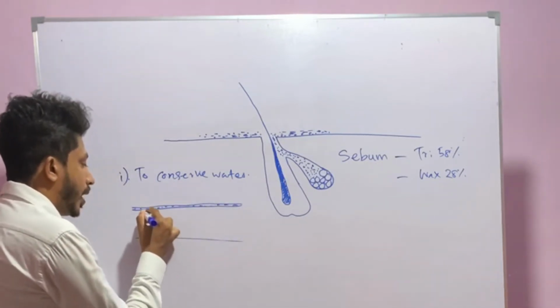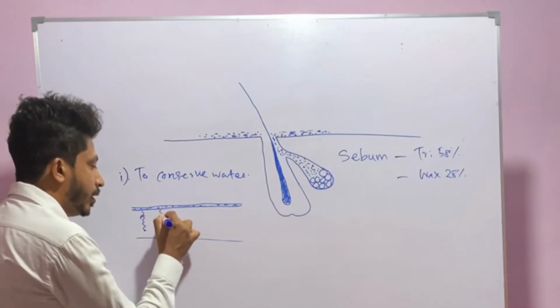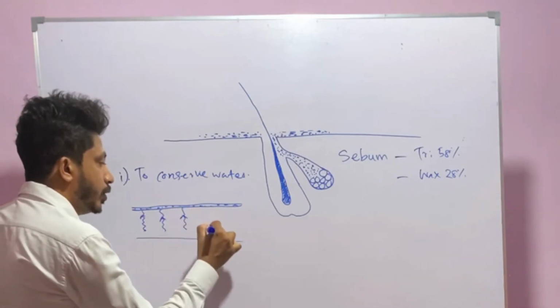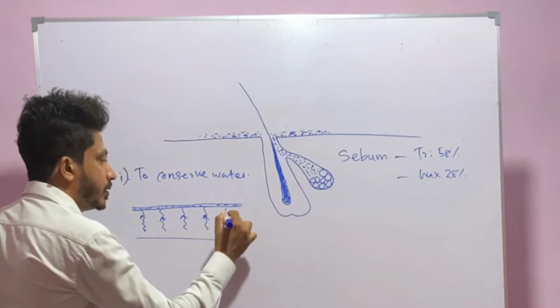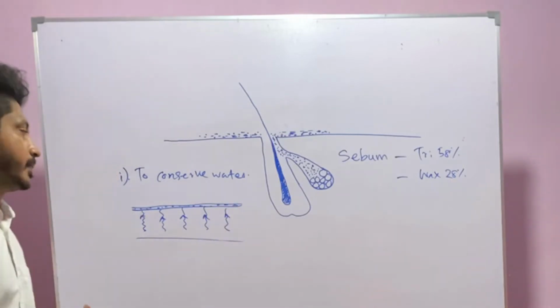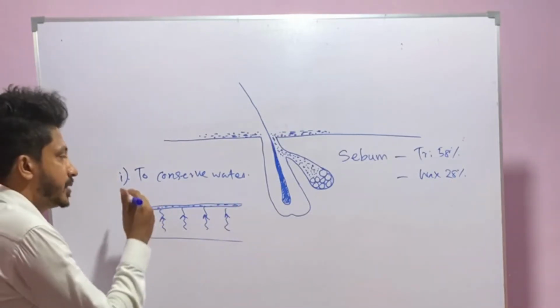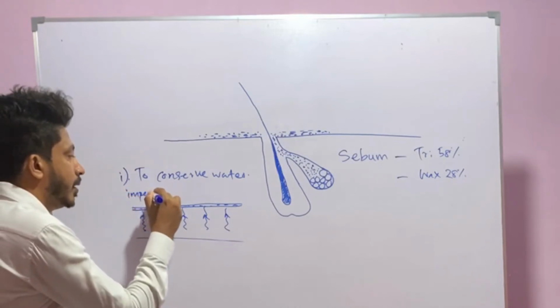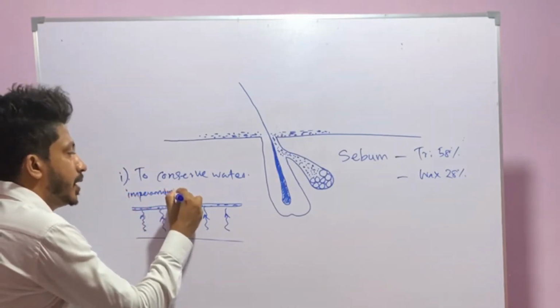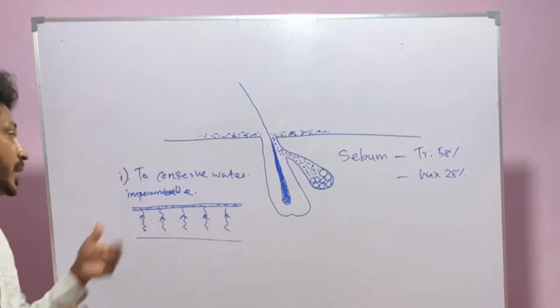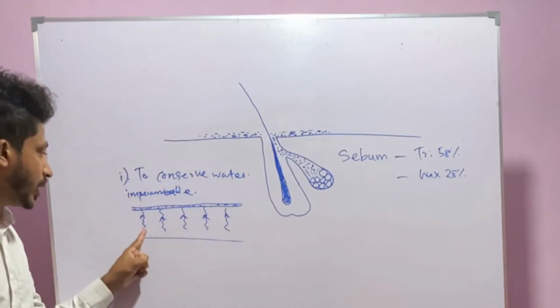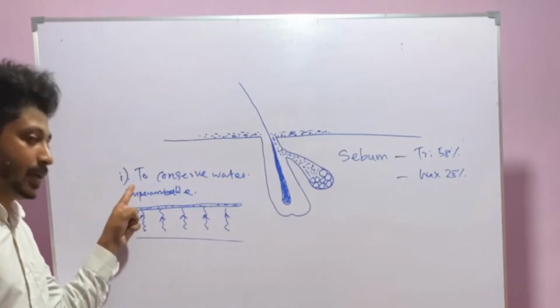Because of that lipid layer, water cannot pass through it and travel into the surrounding atmosphere from our body. Why? Because lipids are impermeable to water. That means water cannot pass through lipids.